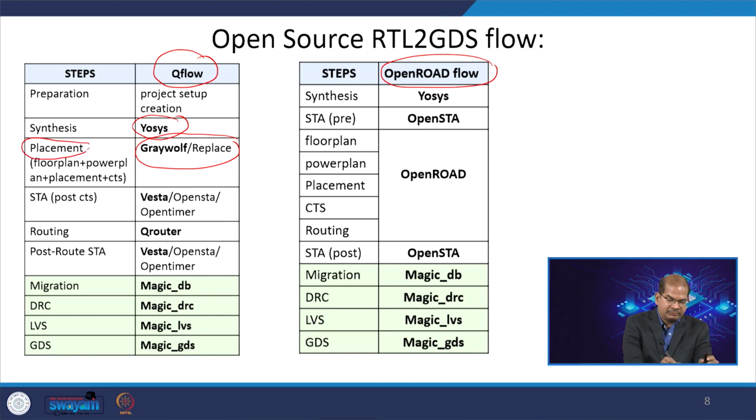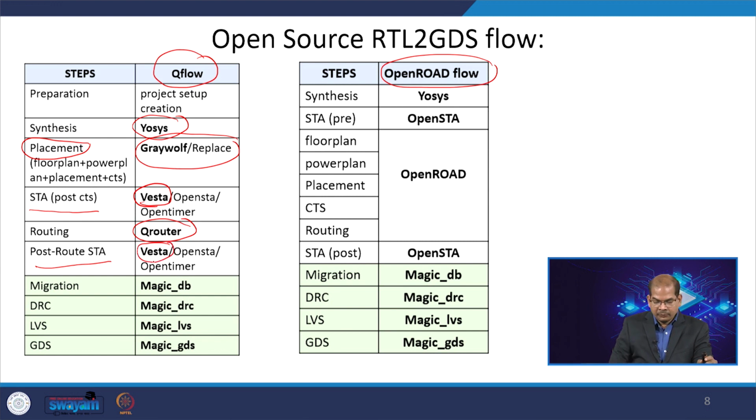The placement steps include floor plan, power plan, placement, and CTS. In the case of Qflow, the static timing analysis tool used is Vesta. And for routing, we have Qrouter, and for post-route STA, Vesta is also used.